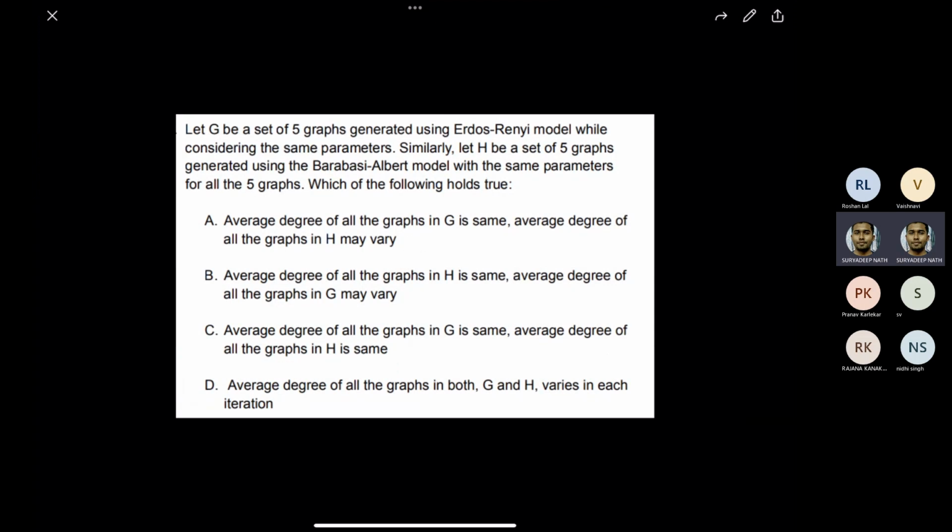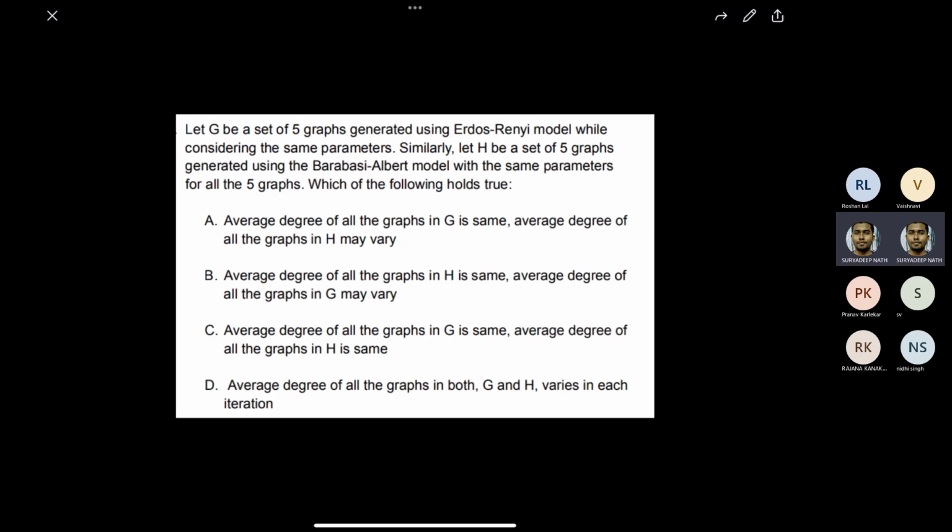Okay, from this question. Let G be a set of 5 graphs generated using the Erdos-Renyi model with the same parameters. Let H be a set of 5 graphs generated using the Barabasi-Albert model with the same parameters for all 5 graphs. Which of the following is true?